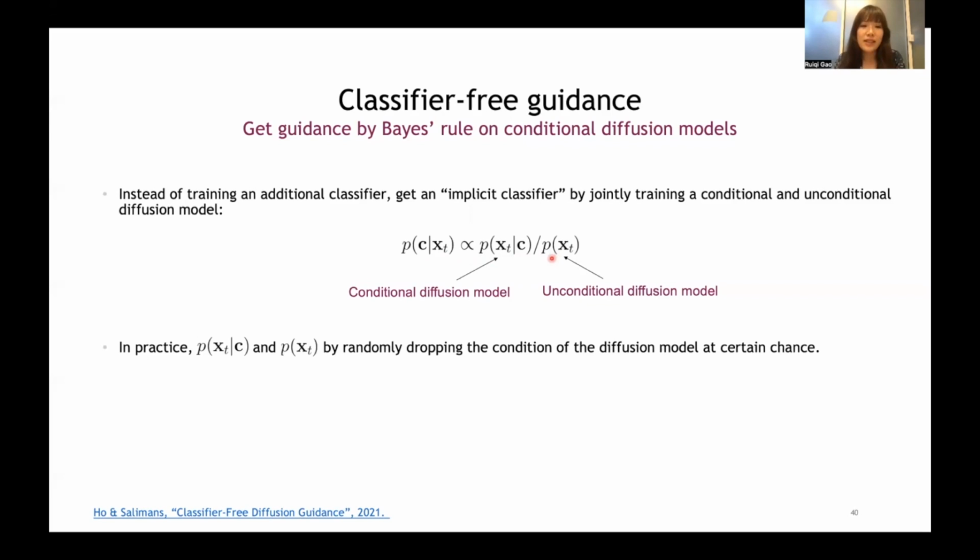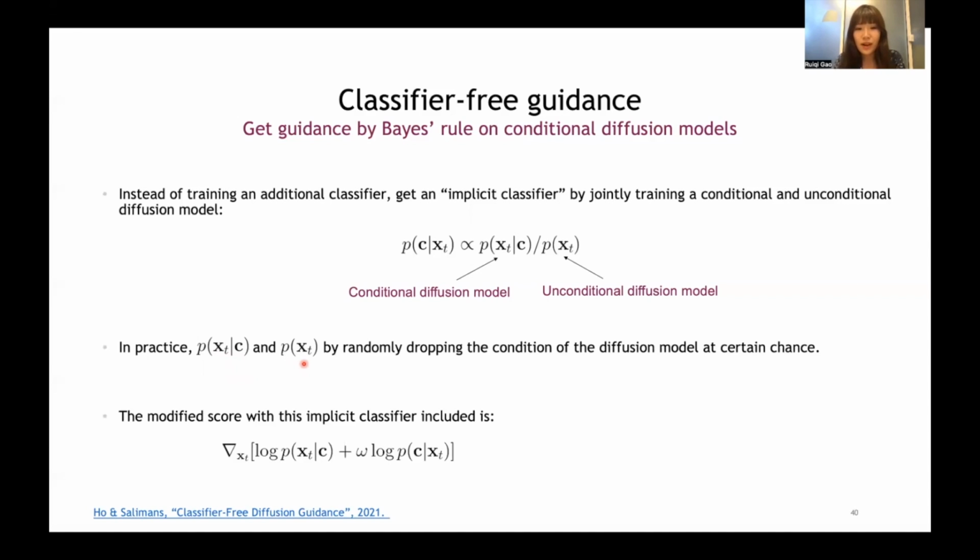And in practice, the gradient or the score of these two probabilities are estimated by randomly dropping the condition in the diffusion model at a certain chance for each iteration. And similarly, we can derive the modified score with this implicit classifier. Recall, this is the original modified score.